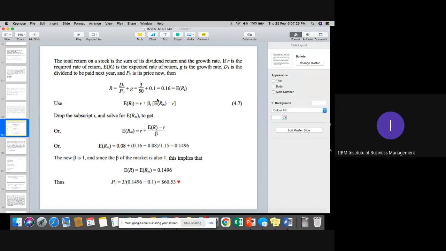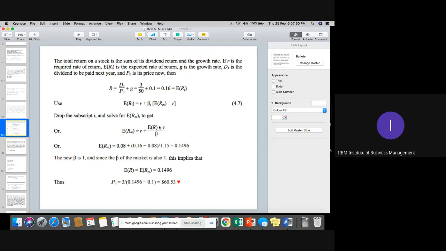Then we'll apply the formula: ER equals R plus beta, ERM minus R. We'll put in all these values and calculate for ERM. You will convert this formula into ERM and get the value of ERM first. That should be 14.96.